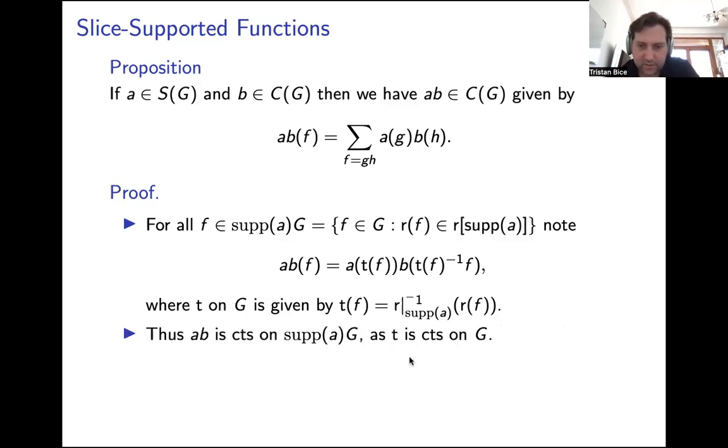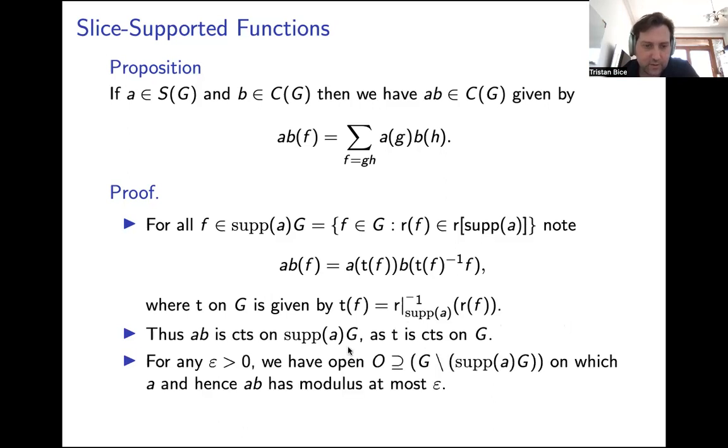Okay, AB is continuous on this, which is what I just said. Now you just have to worry about the other elements, but that's actually kind of easy, because outside of this, these sums will be zero everywhere. For continuity, you have to be a little bit more careful and say, for every epsilon greater than 0, I can find some open set containing this closed set on which AB has modulus at most epsilon.